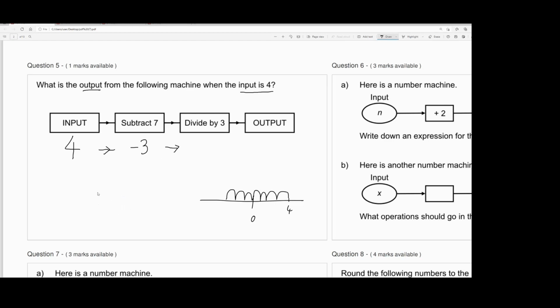So I need to do -3 divided by 3. Yeah, that's exactly right. So what do you think -3 divided by 3 will be?